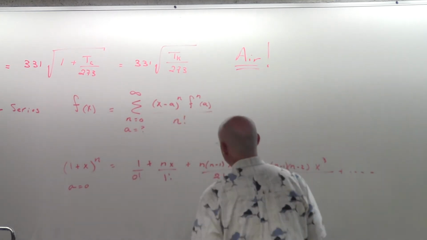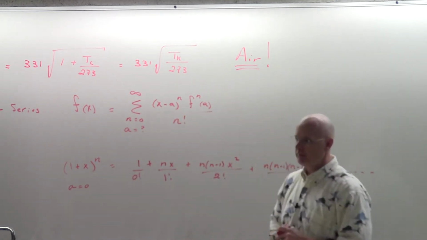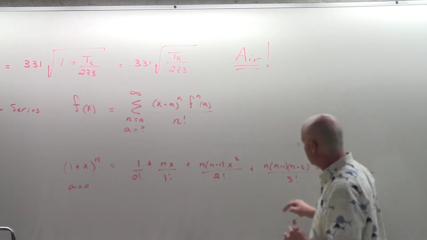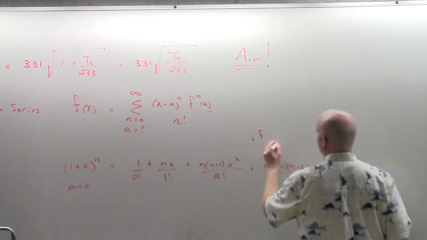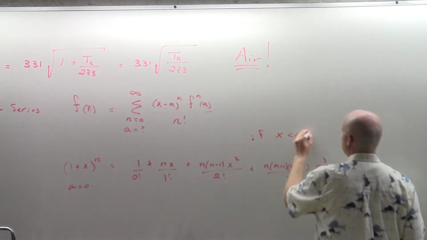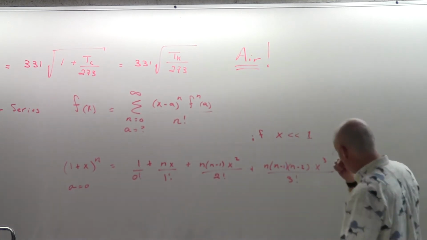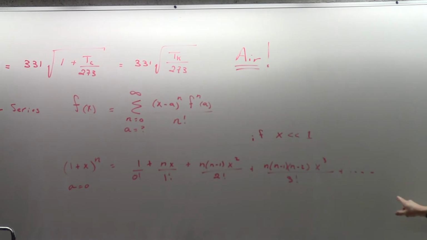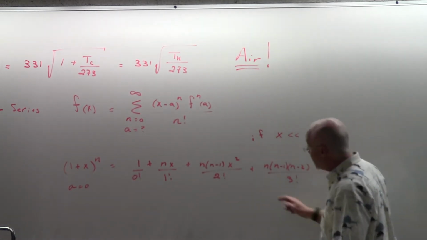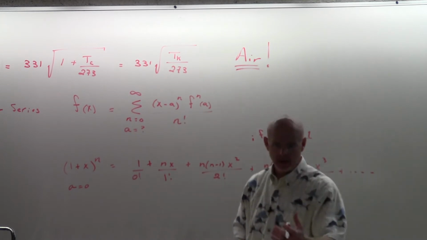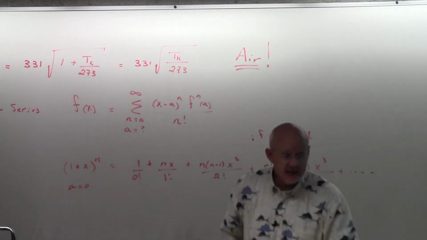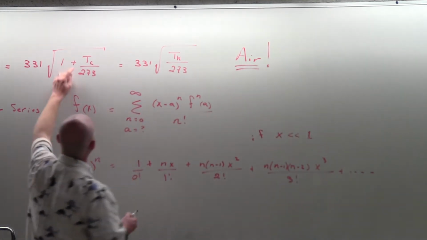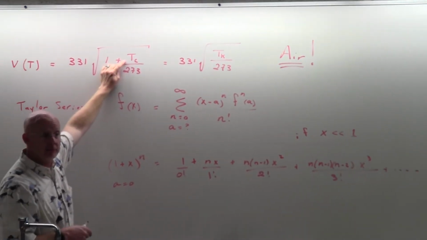Because here's really nice. What if x is small? Look closely at this. If x is much less than 1, what do you begin to notice? Even though technically this is an infinite polynomial. If x is, say, a tenth. I pick on a tenth because room temperature is about 20 degrees. Fair enough?